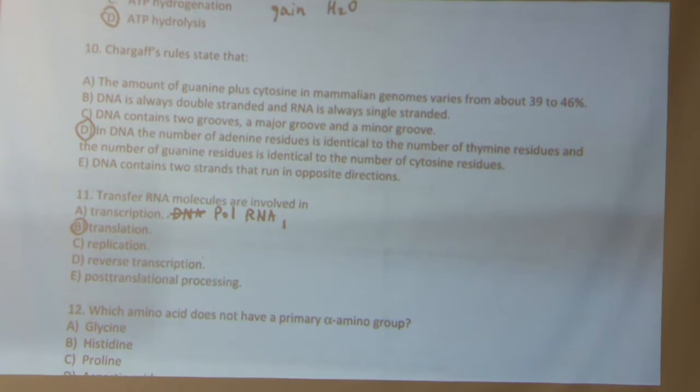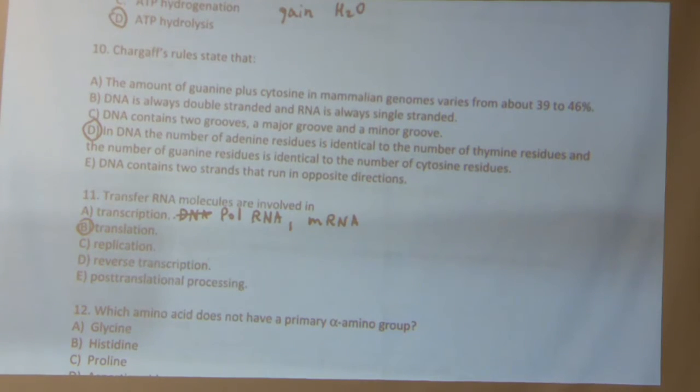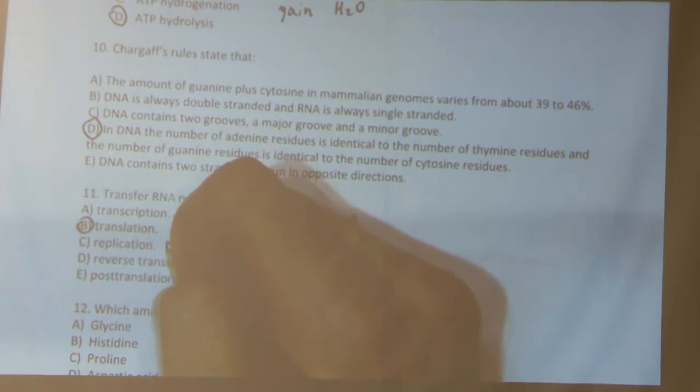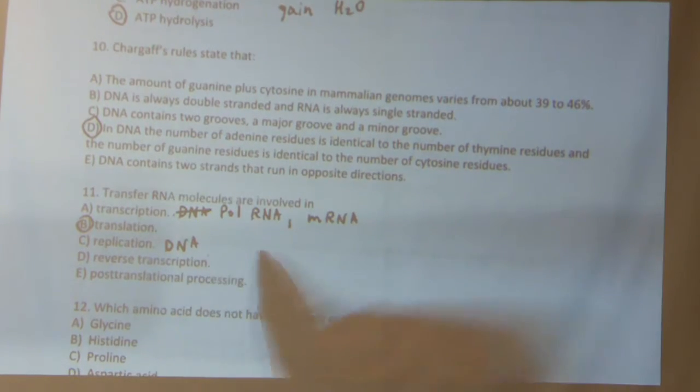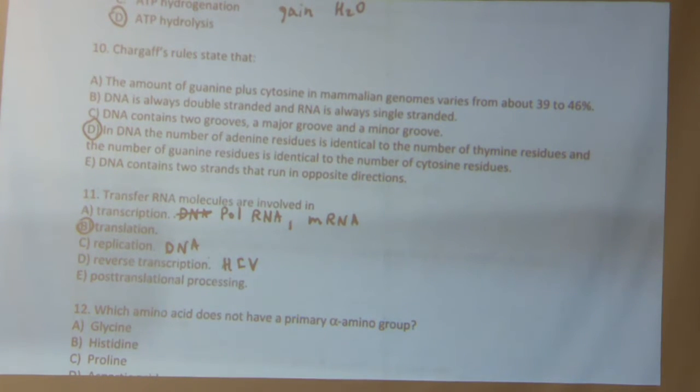What else? What's the type of strand that's used? Yeah, mRNA, awesome. So mRNA is used for transcription. Translation, we have tRNA, and the processing of mRNA. Replication occurs with DNA. And reverse transcription is used in HIV: with people that have the virus, it retrotranscribes itself into our DNA.